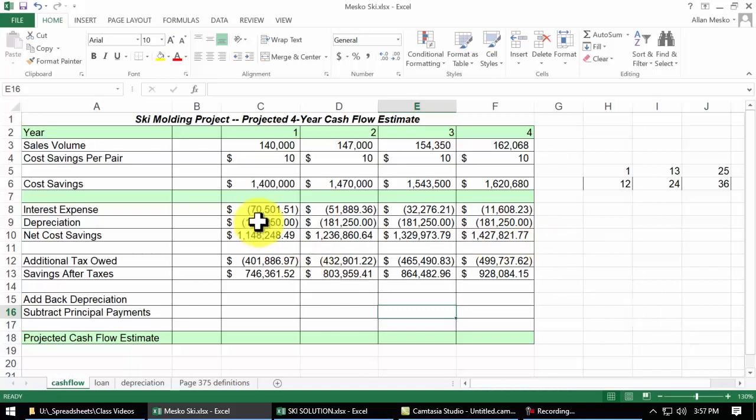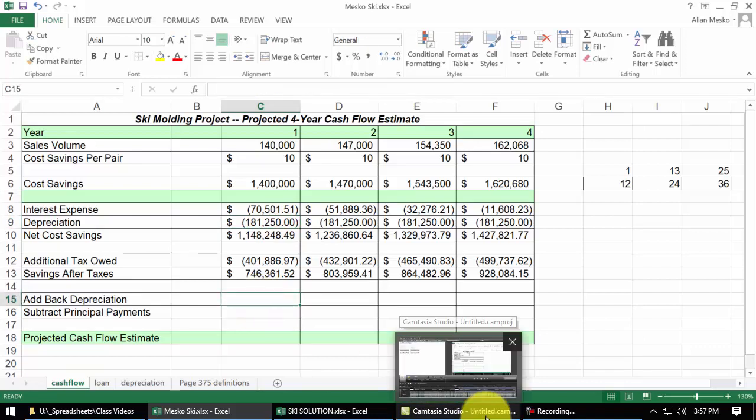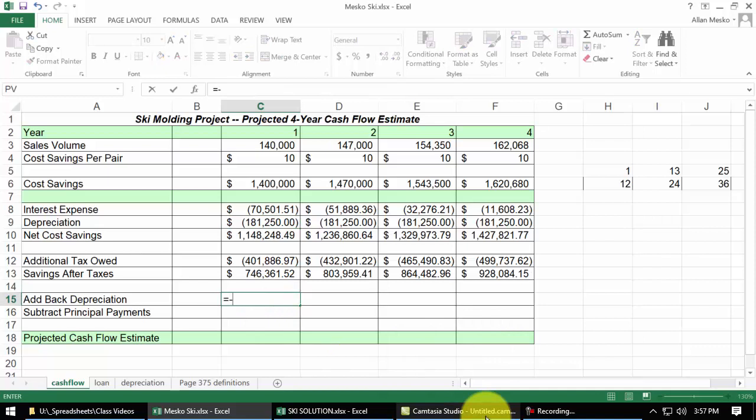So here's the depreciation. We're adding back the depreciation in row 15. So we're simply going to take this and change the sign on it, aren't we, to add it back. So I'm just going to say equals the opposite of what's in cell C9. So that adds back the depreciation, and I can copy that over.